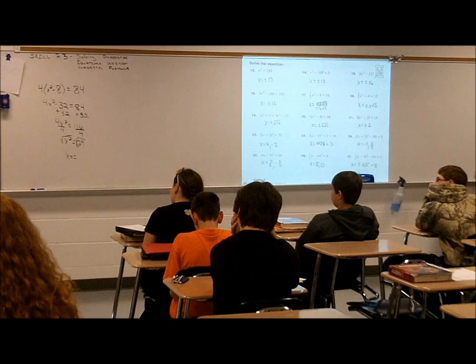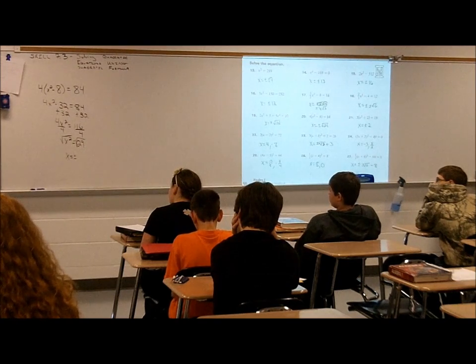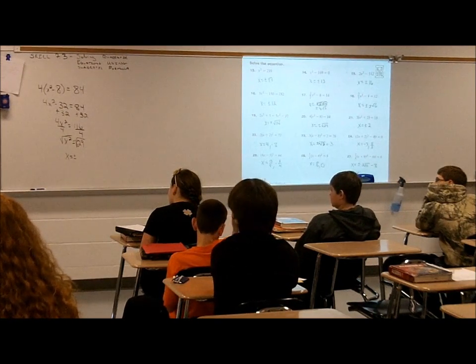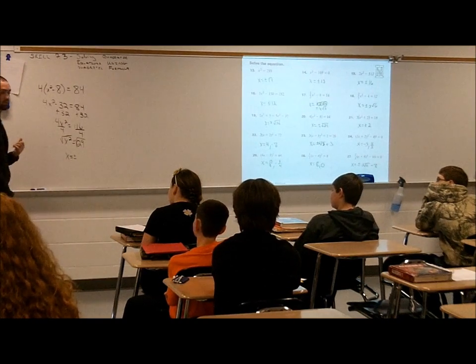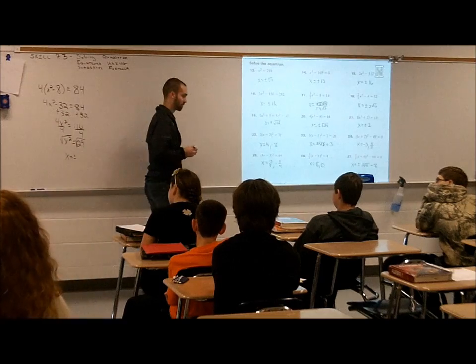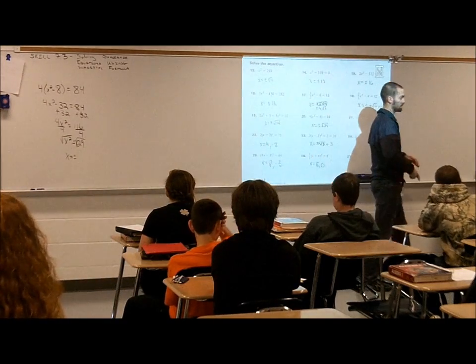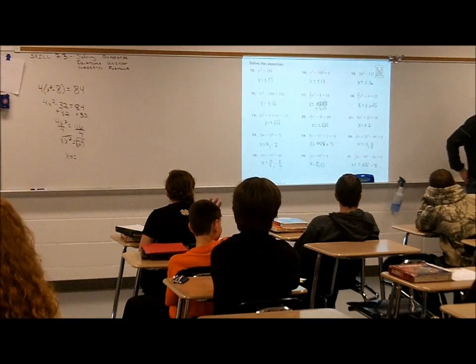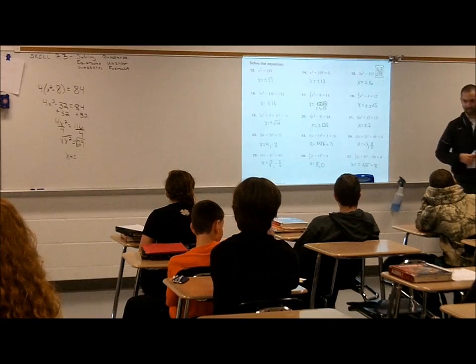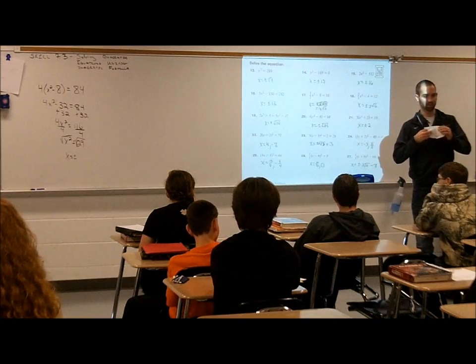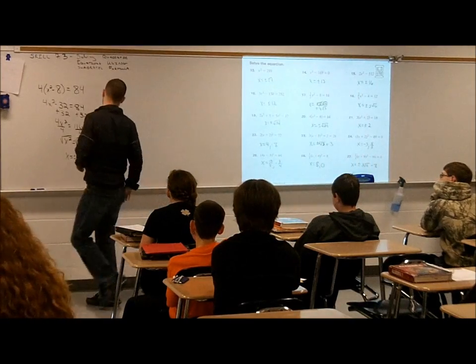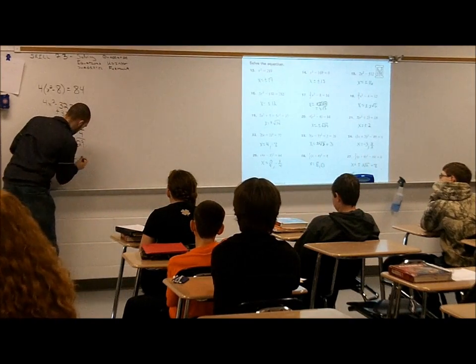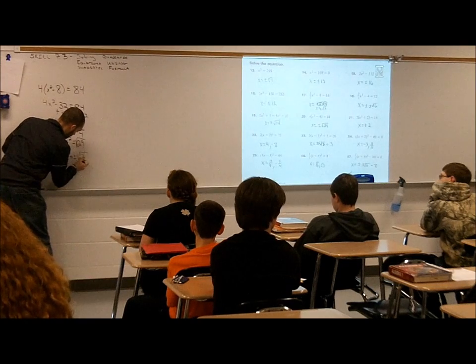Is it a perfect square? Is 29 a perfect square? No. Then we ask, is there a perfect square that goes into 29? No. So our final answer is plus or minus the square root of 29.